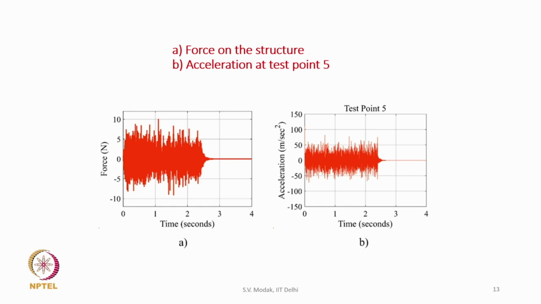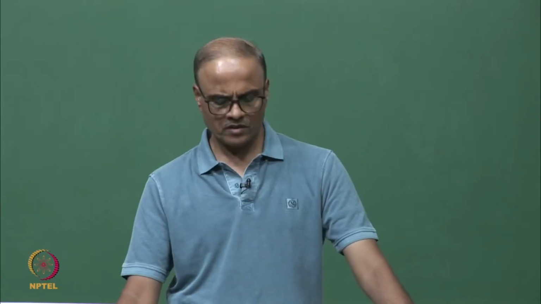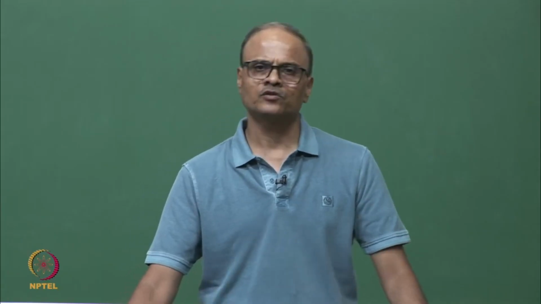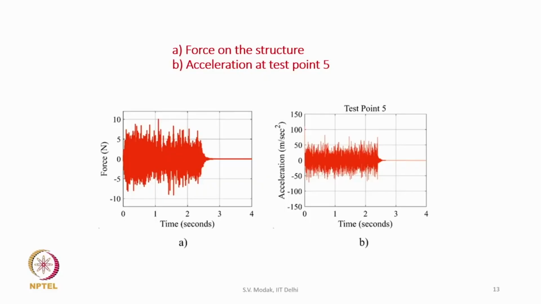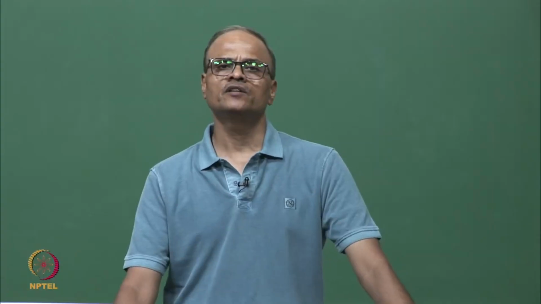So, this is how the burst excitation signal is generated, and this is how the force is applied on the structure. What is the effect on the response? The excitation is random over the length over which the force is non-zero. The burst excitation is there over that length, and the response is also random. But once the force becomes 0, the response also gradually decays. This burst excitation signal is designed in such a manner that the response after the force becomes 0 decays completely within the record length.